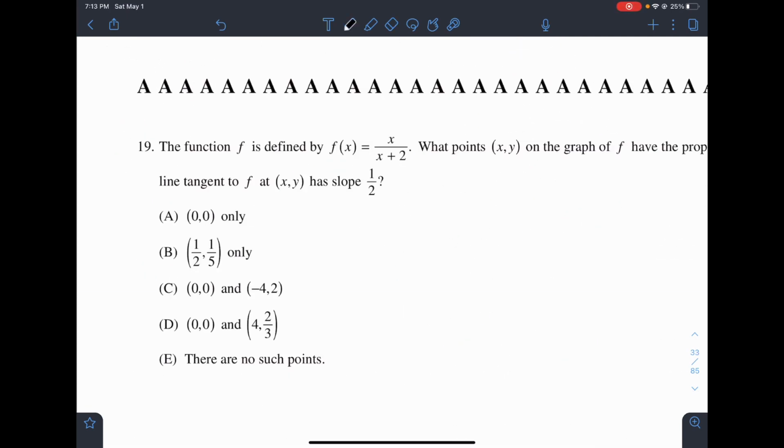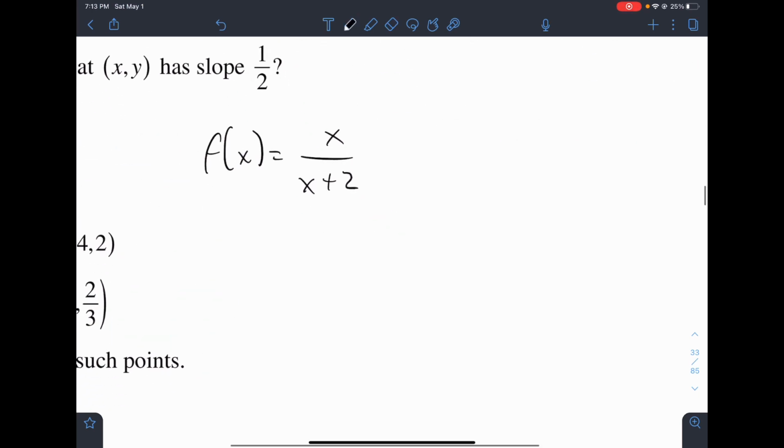So for number 19, f of x is going to be x over x plus 2. And so we're trying to find f prime of x. We're trying to find when f prime of x equals 1/2. So how we're going to find this is we can use quotient rule. So we'll set this equal to u over v.